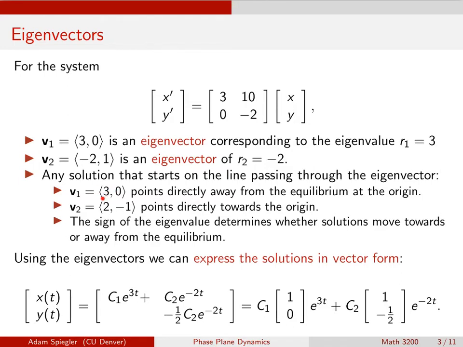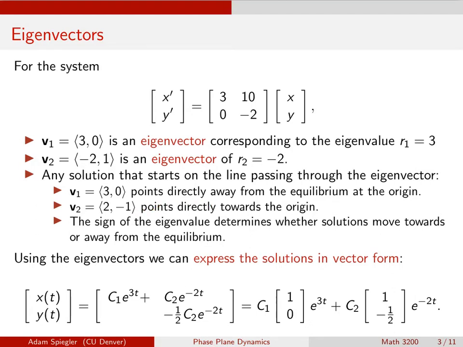For the solutions on the x-axis that started at (3, 0), for example, we noted that these solutions move away from the origin as time goes on. Whereas any initial point that starts on the line y equals -1/2 x, those solutions moved in towards the equilibrium at the origin.